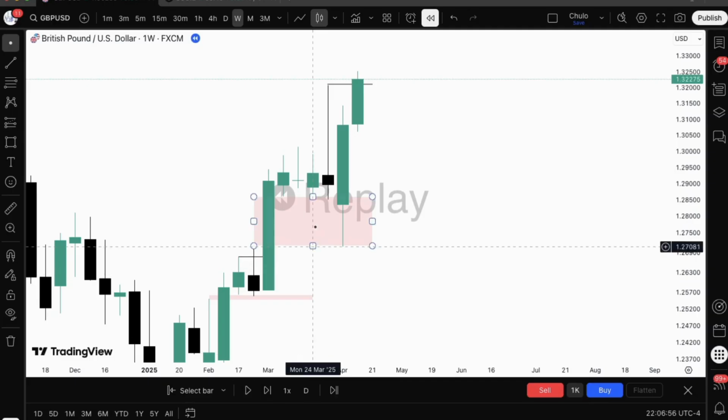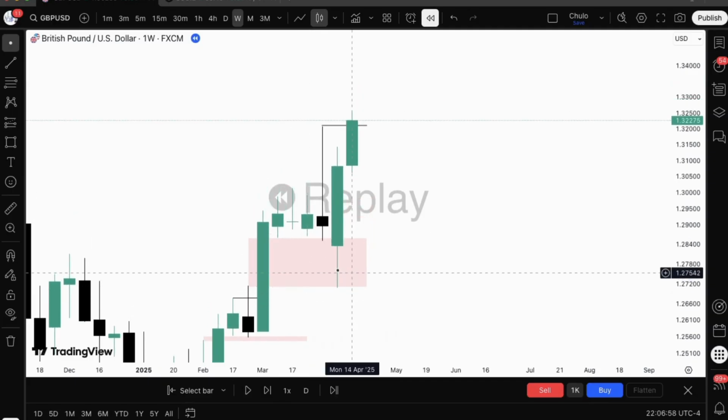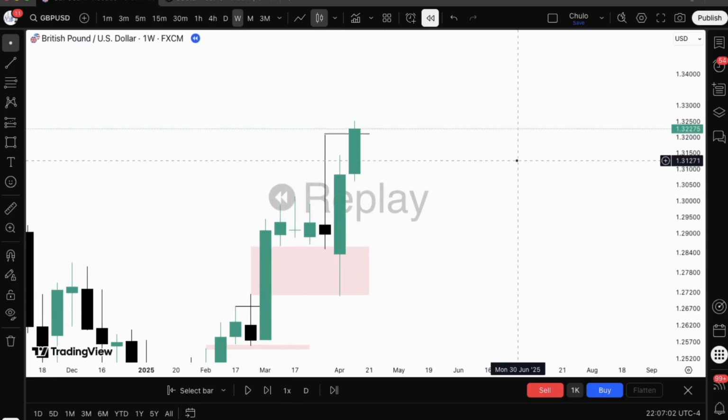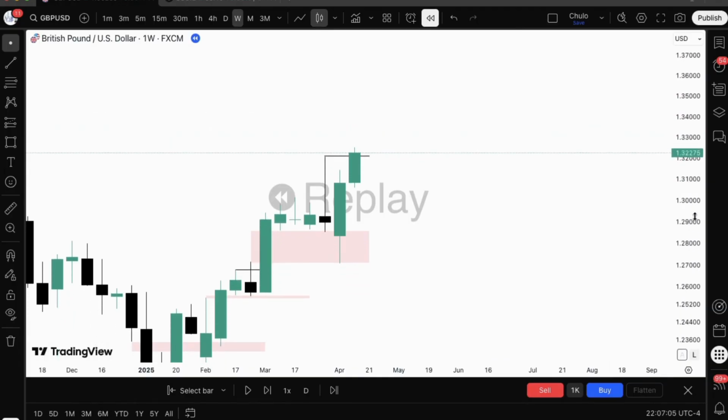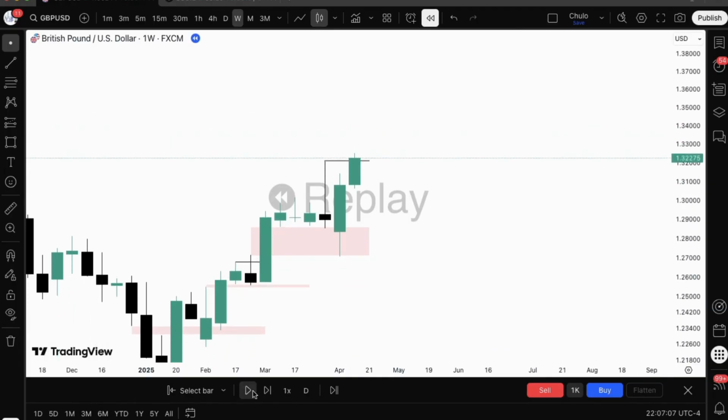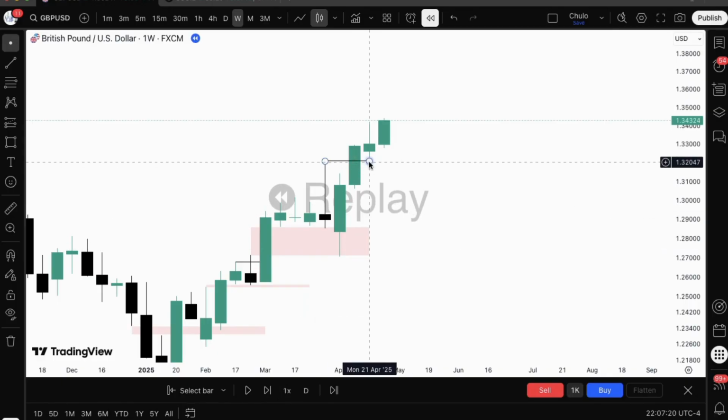What happened? It took out internal range liquidity and sought external range liquidity. Do we have another internal range liquidity?